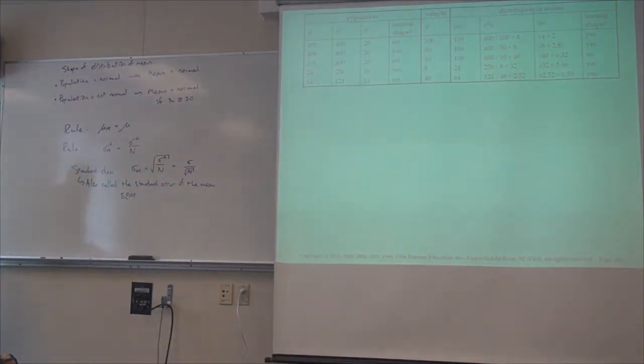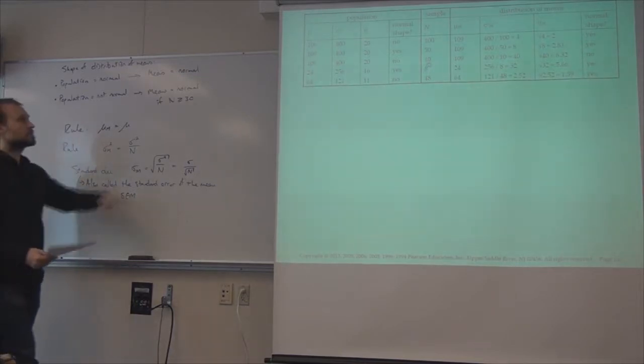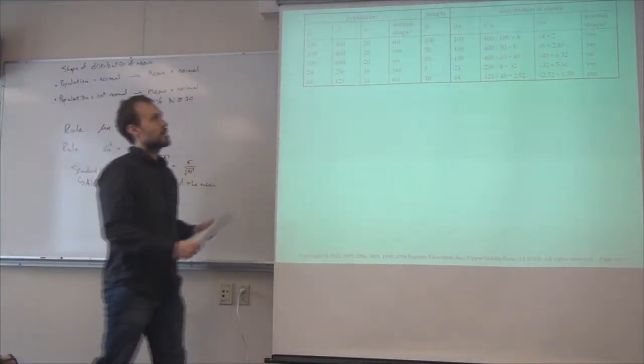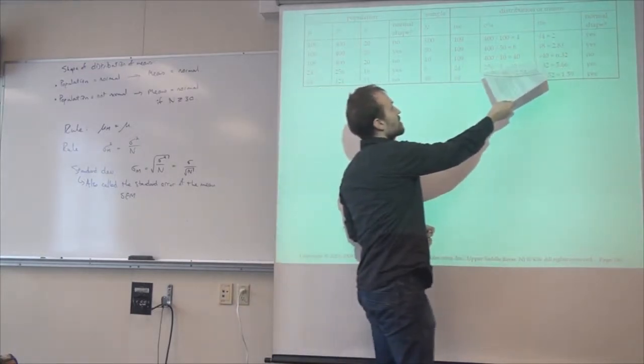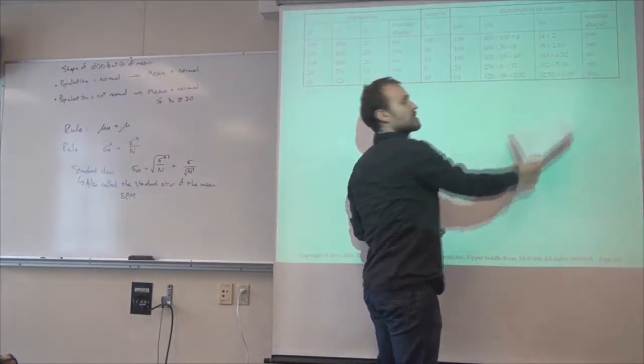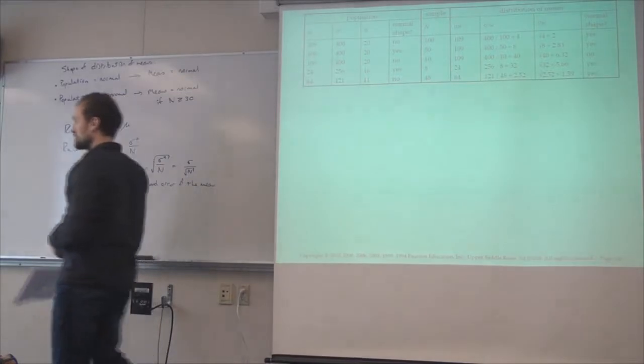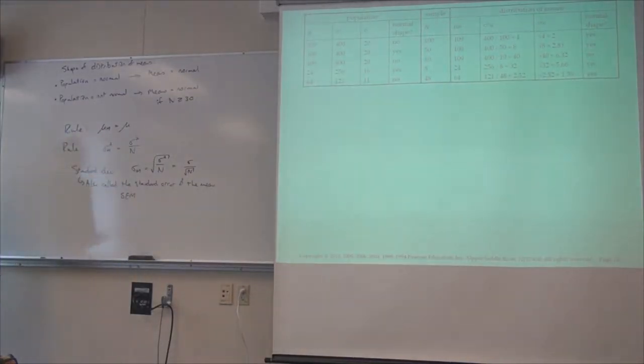If in the third case I don't have a normal distribution for the population and my sample size is too small, less than 30, then you can calculate these, but it's not a normal curve anymore. The distribution of means is not normal, and then I have to do something else. That's the only exception. If I have a normal distribution and a small sample, it doesn't matter. Distribution of means is still normal.